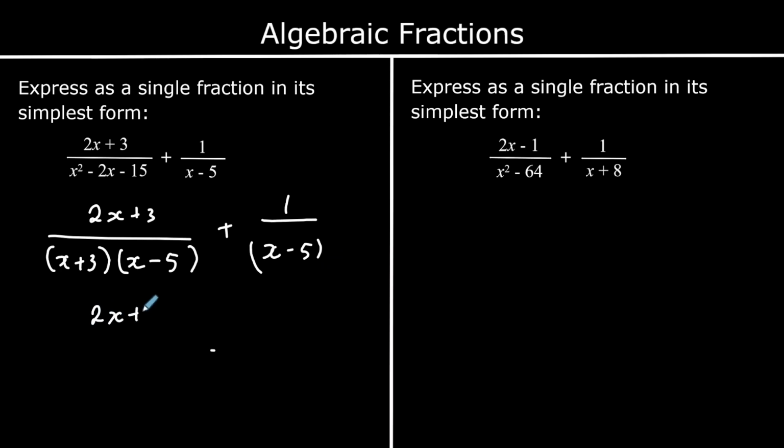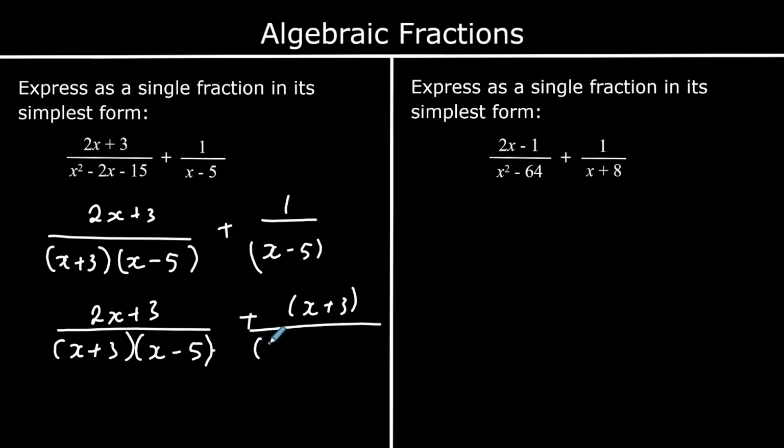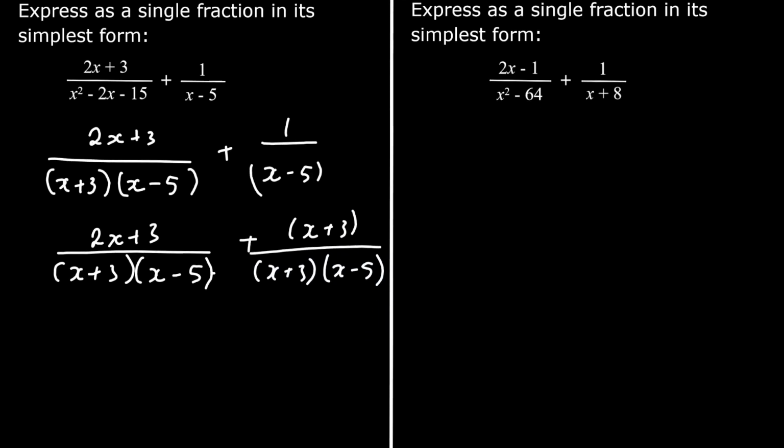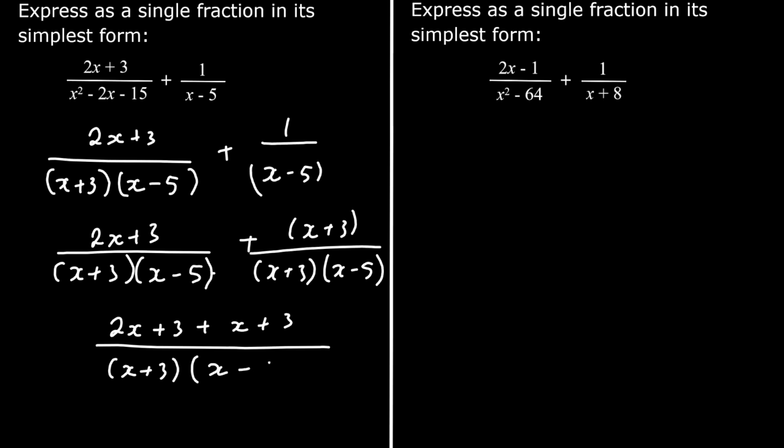So I've got 2x plus 3 over x plus 3 times x minus 5, plus 1 times x plus 3, which is just x plus 3, over x plus 3 times x minus 5. Now the denominators are the same, so I can add them together. I've got 2x plus 3 plus x plus 3 over x plus 3 times x minus 5.